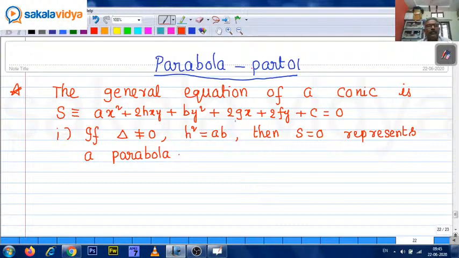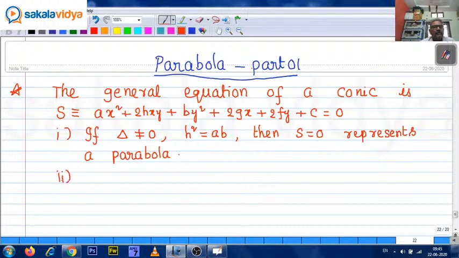Also, if the homogeneous part of the equation is a perfect square, then it represents a parabola. That means the ax square plus 2hxy plus by square part is a perfect square. Directly also we can say, but we need to check delta does not equal 0. That's very important.